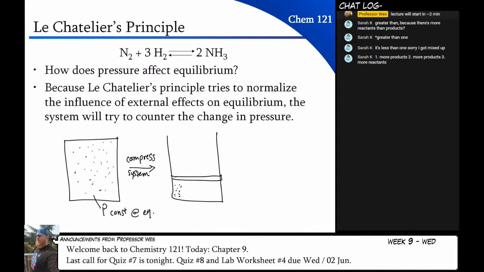Now everything is in this space here. And it's very high pressure. What ends up happening is the following. So P is too high. Too high for equilibrium. We need to reduce the pressure.